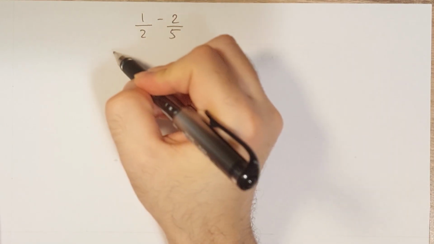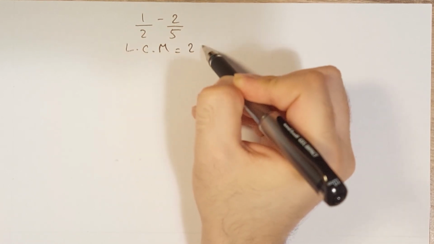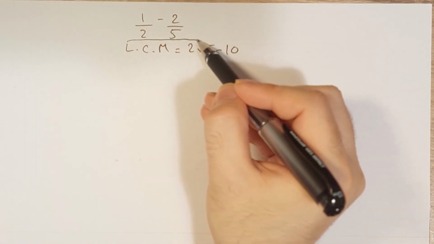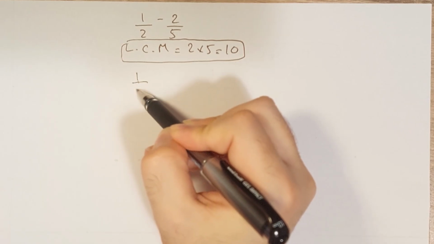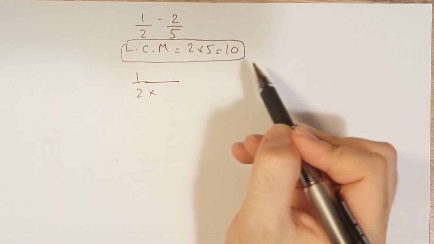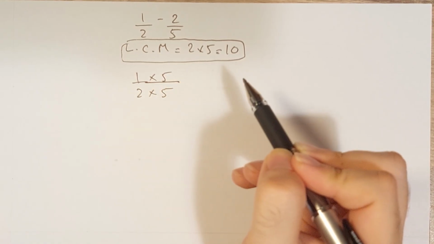Again, we find the LCM. As I said before, if you have two denominators and they are both different prime numbers, we can simply find the LCM by multiplying them. So now we convert both denominators to 10. 2 multiplied by 5 is 10, and we multiply 1 with the same number.